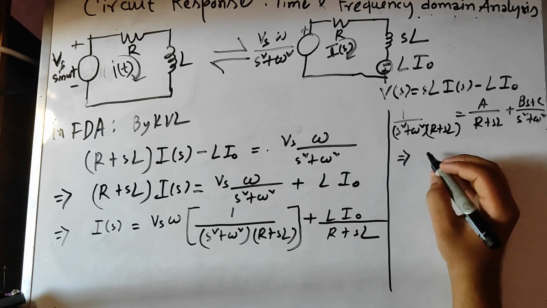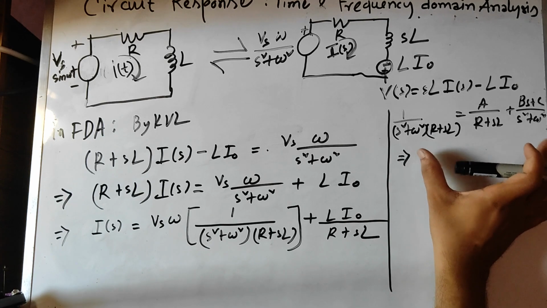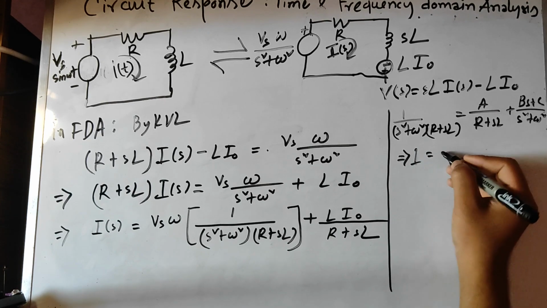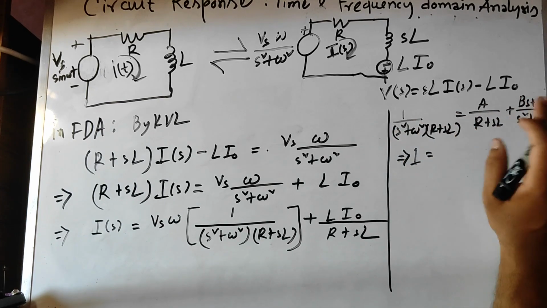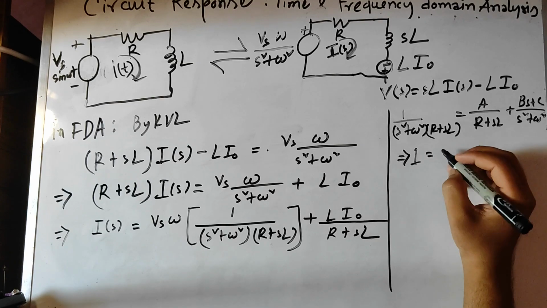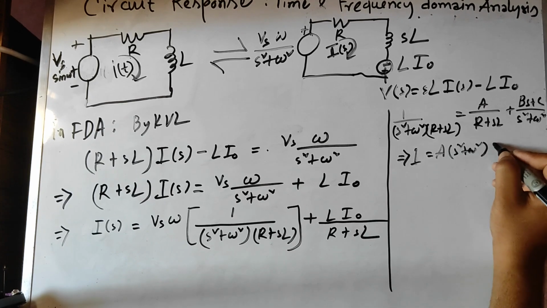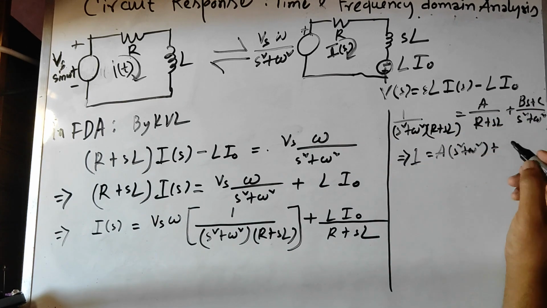Let us multiply this equation by (s square plus omega square)(R plus sL), which will give 1 equals A (s square plus omega square) plus (Bs plus C)(R plus sL).